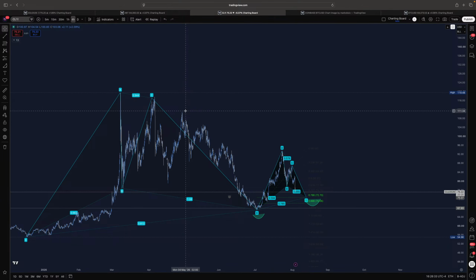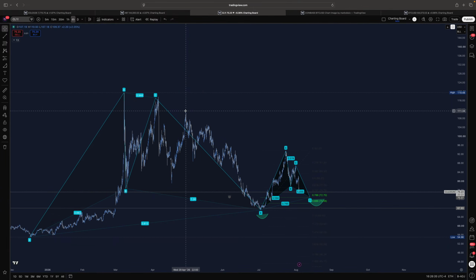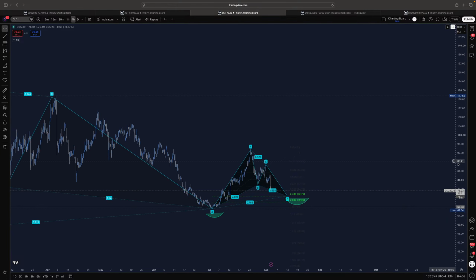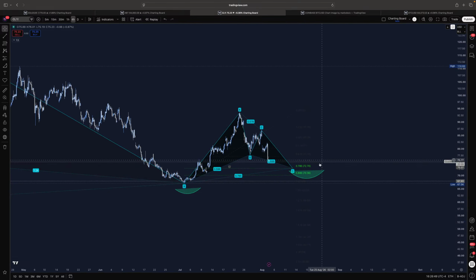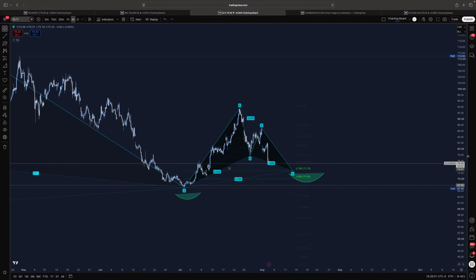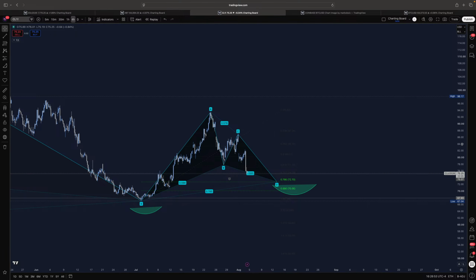We can compute all the other harmonic ratios from the highs to the lows, back to the highs, back to the lows, and maybe another CD. But I don't want to assume that can be the case as long as the pattern presents itself on the 4-hour, finds support, and therefore a lower risk may be presented.